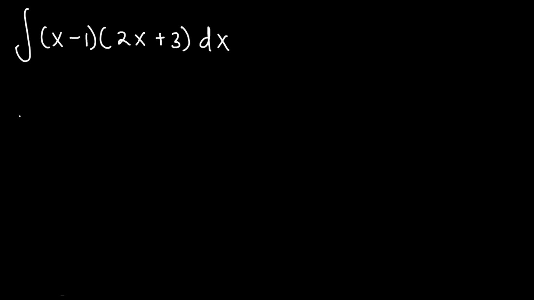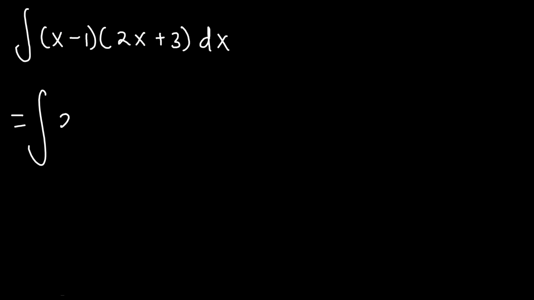Now you try this. Solve the integral of x minus 1 times 2x plus 3 dx. Now to solve this, the first thing you need to do is expand. So this will be the integral. X times 2x will give us 2x to the power of 2.